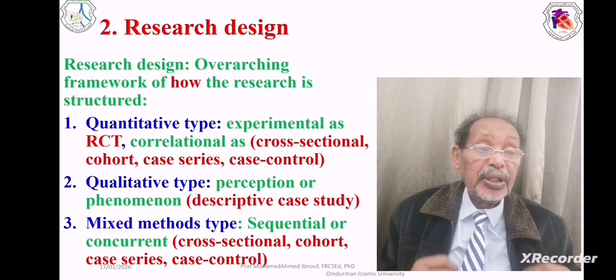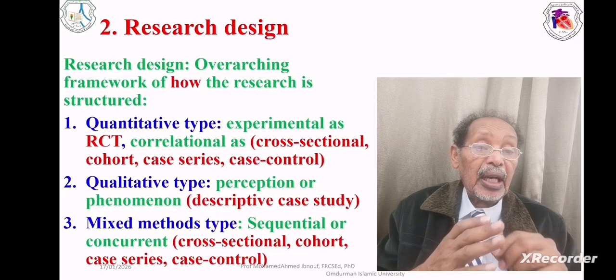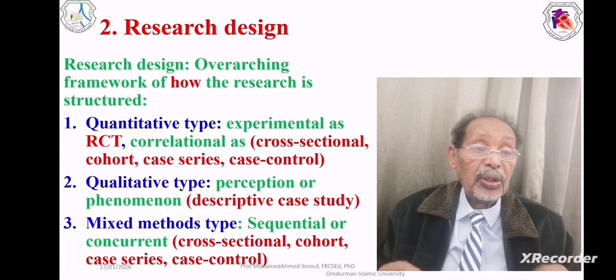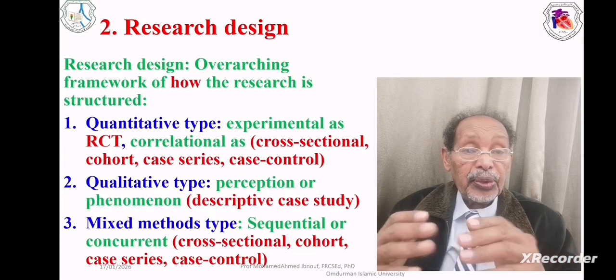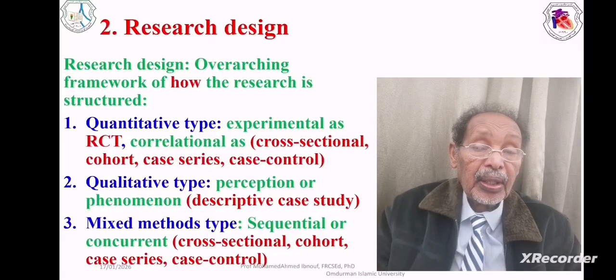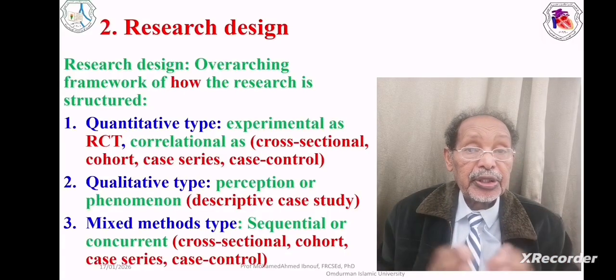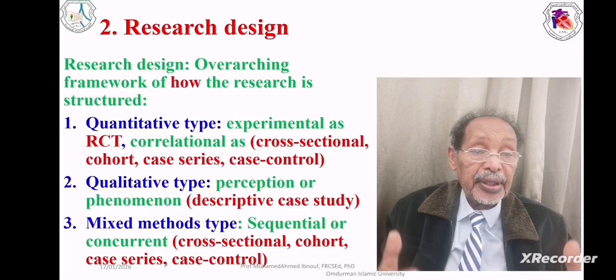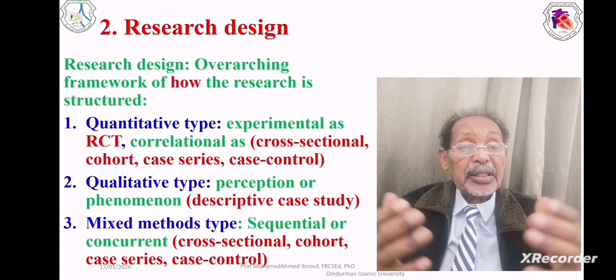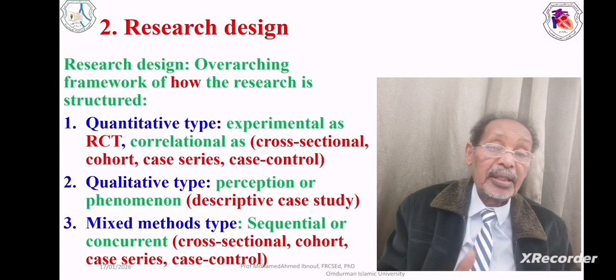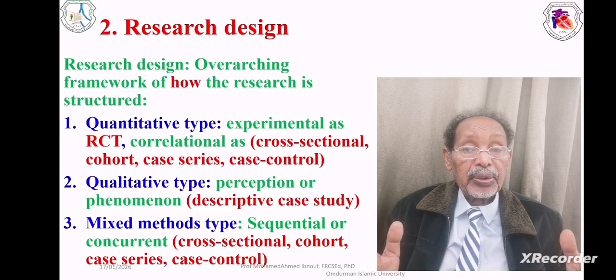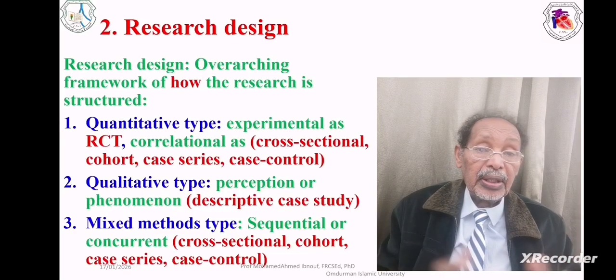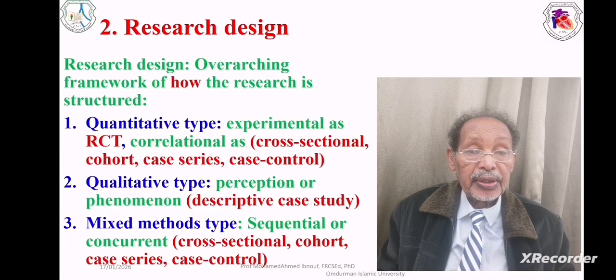The mixed method here gives more depth about the knowledge or the facts within the research. And to reach the name of the design, we can just ask, how is this research being structured? It is structured as quantitative type of research, as cross-sectional research.